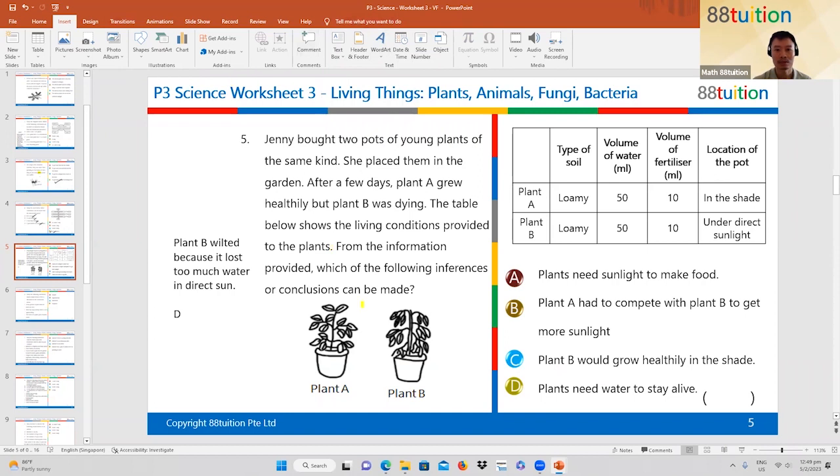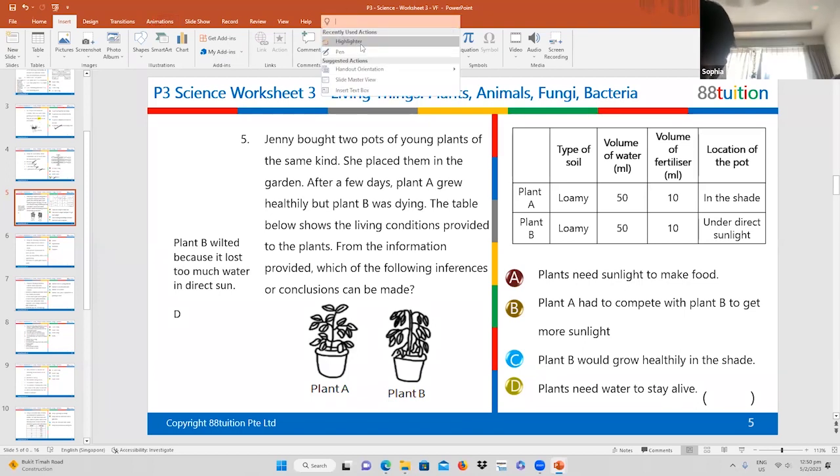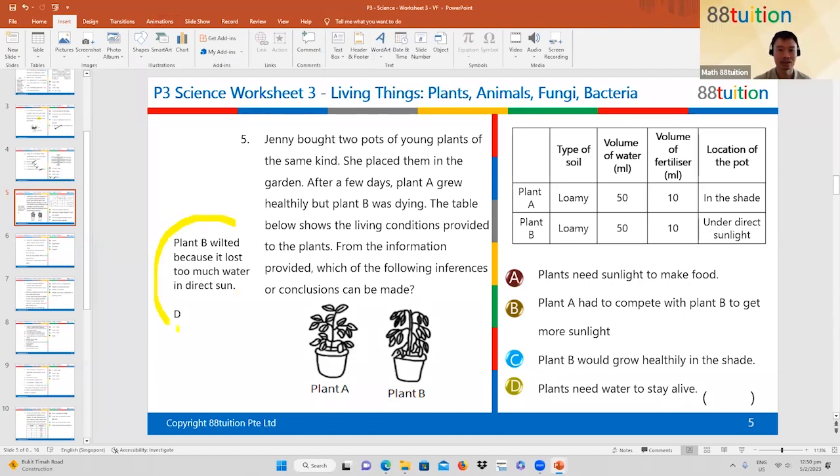So what's your answer, Harith? Hey, we have done this question, D, right? Harith, we've done this question before because my answer is here, remember? Yes. Okay, because see the answer here. Okay, so let's go to the next.